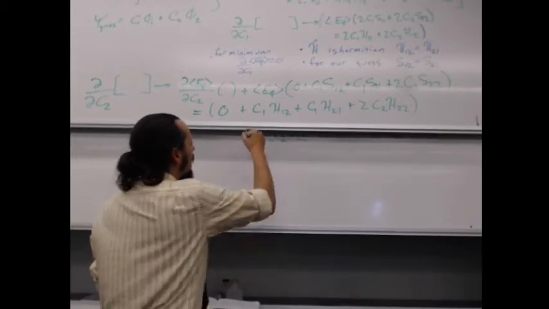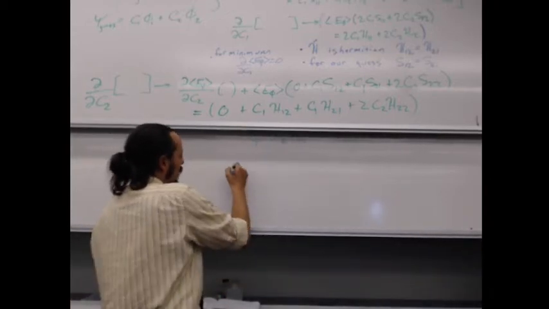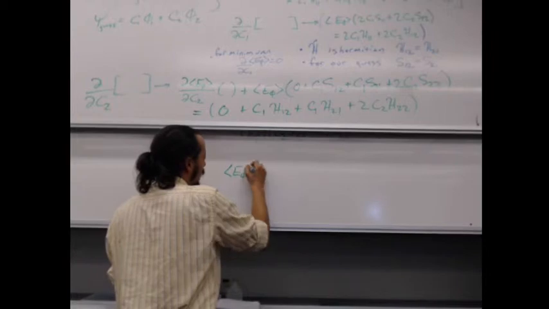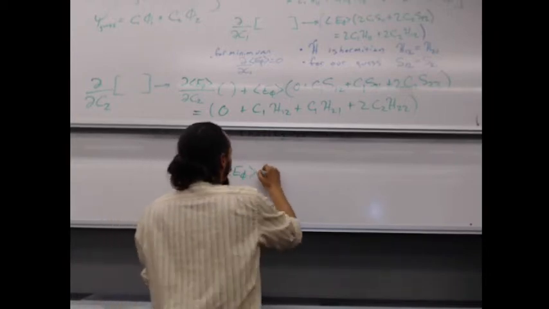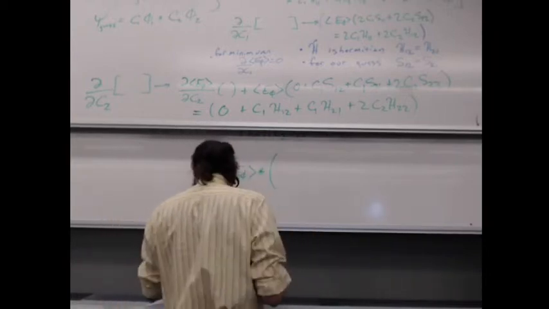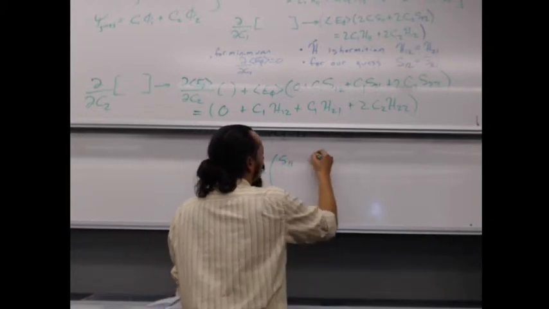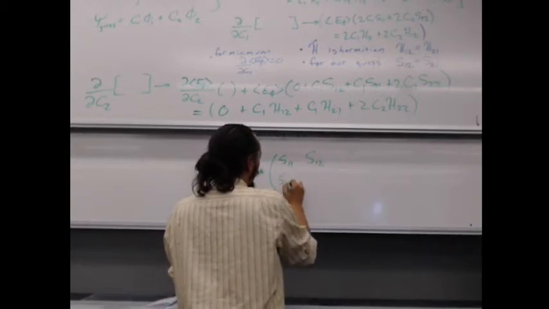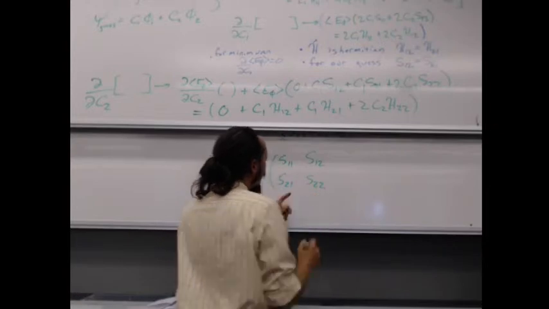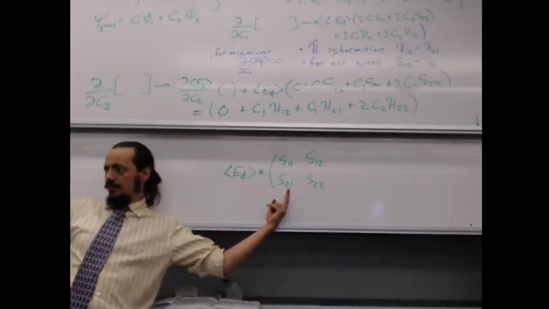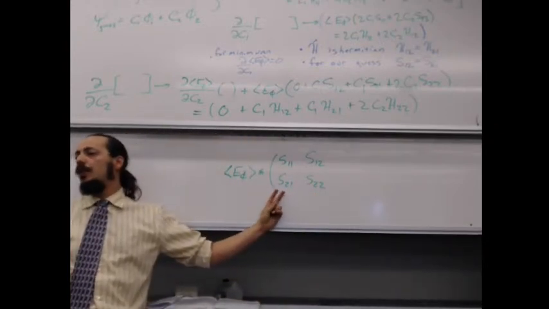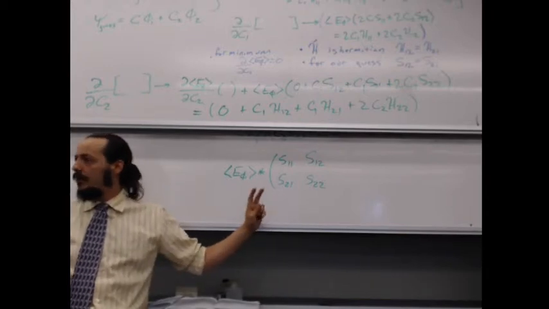And essentially what we get when we do that is E times a matrix S11, S12, S21, S22. This one we could write 1, 2 or 2, 1. I'm writing it as 2, 1 just to make the indices match with where it is in the matrix.